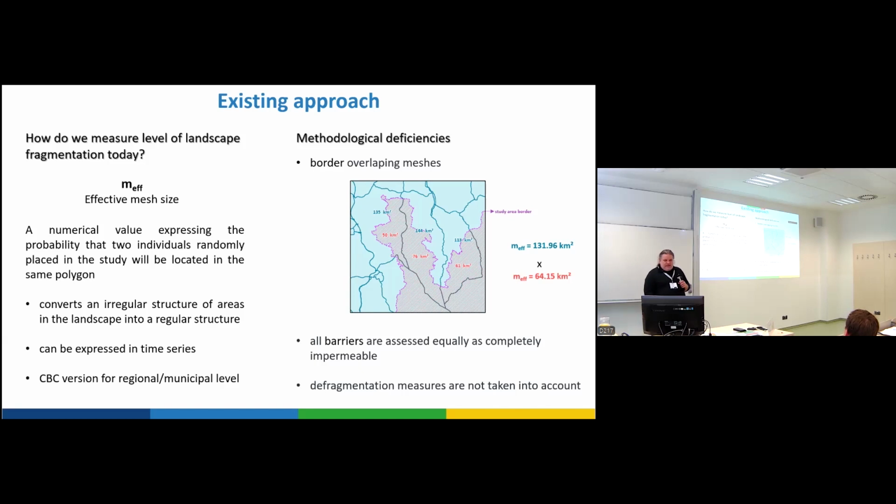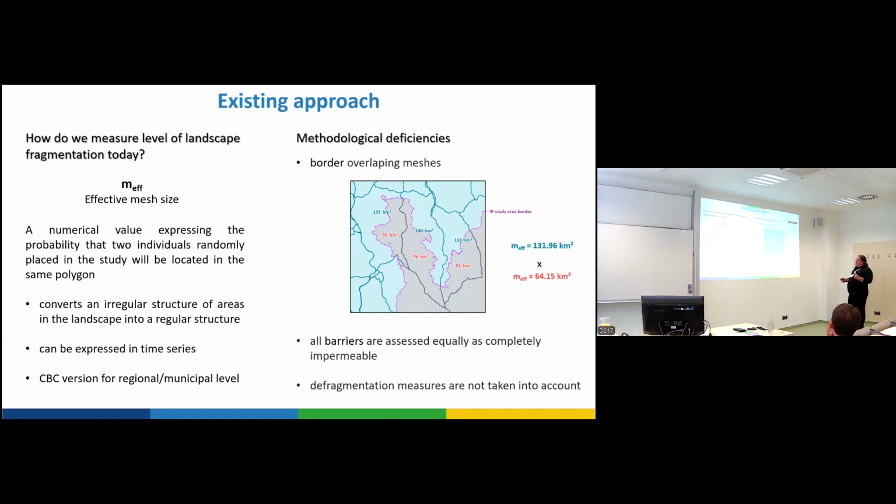But there are some methodological deficiencies which we try to overcome at least partly. One of these is overlapping meshes over the border of a study area. Normally, when you calculate in GIS with some roads as barriers, you clip it by the state border, and what happens?